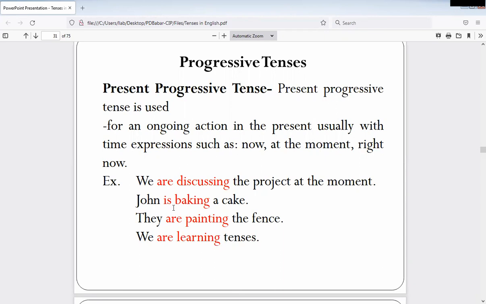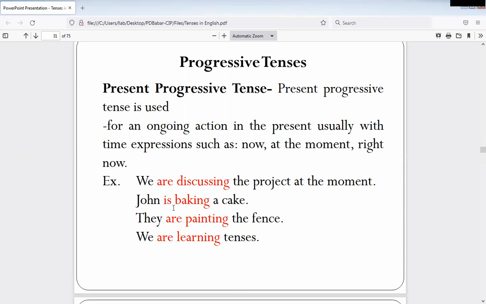The third example is: they are painting the fence. In this sentence also, we have used are painting. That is the continuous or progressive tense in present form.